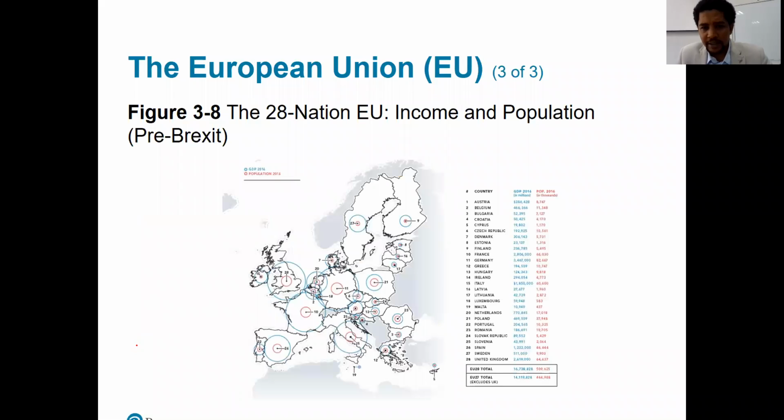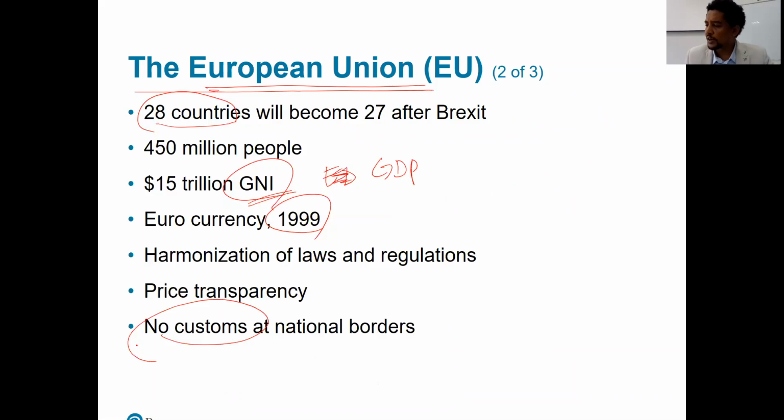So these are the member countries and their population size and GDP in 2006. That is the pre-Brexit data.